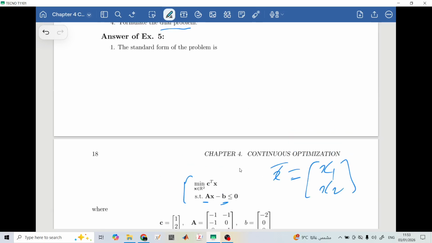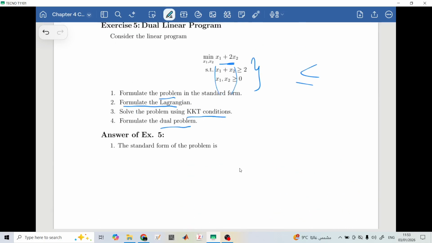For A, we can arrange this in matrix format. Of course now we have x1 and x2. How many inequalities do we have here? 3, so we have 3 rows. The first one is 1 1. The second row is 1 0, and the third is 0 1.